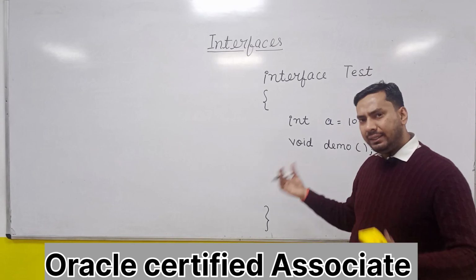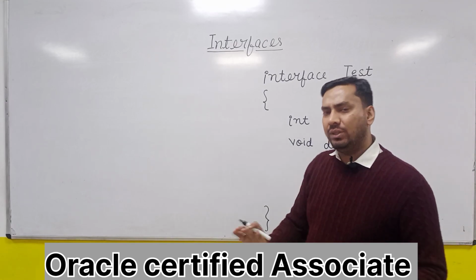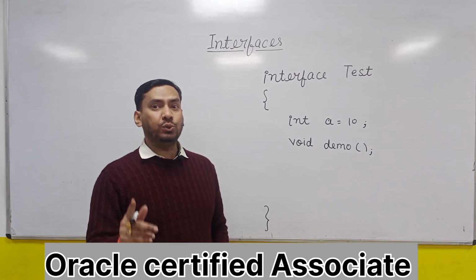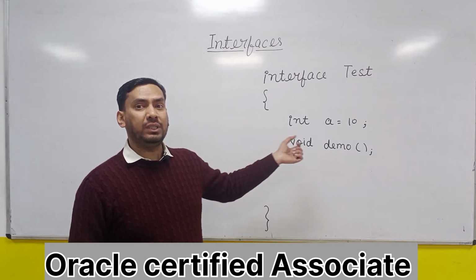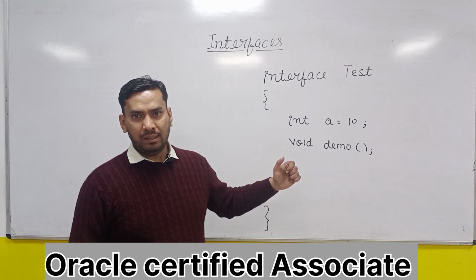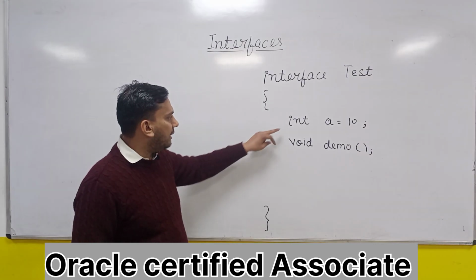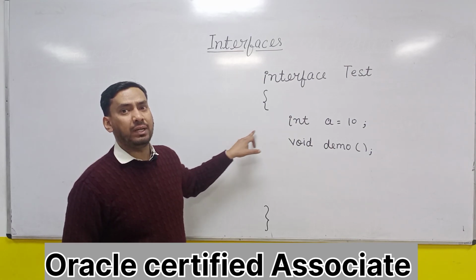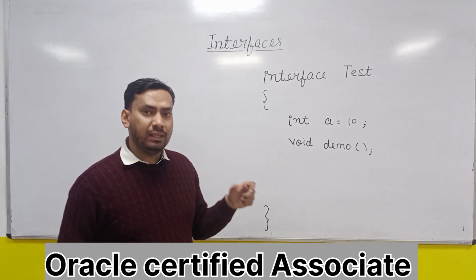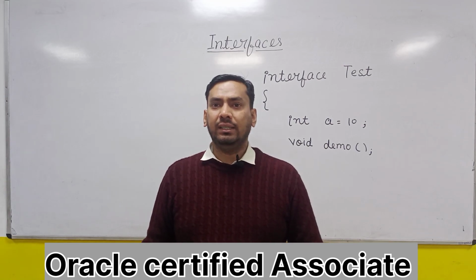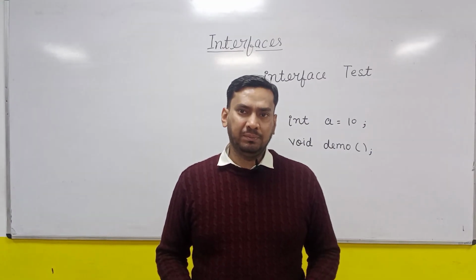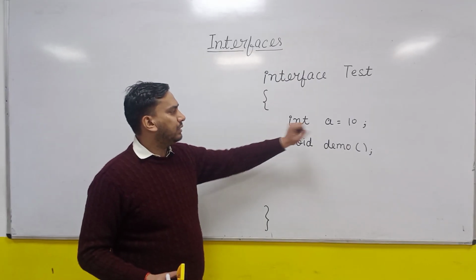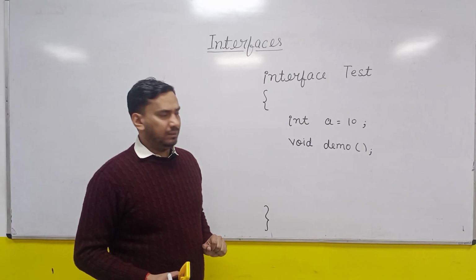It also means that you cannot make it something different. By default it is public. I cannot make it protected. I cannot make it private. If you write another keyword like private or protected, it will give you a compilation error, right? So every data member, whether you mention it here or not, is public, static and final.